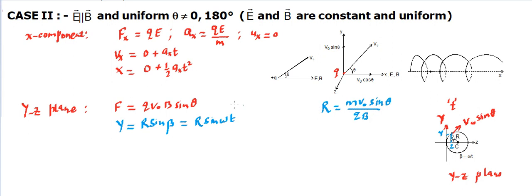Once we know the radius, we can find the y coordinate at any instant of time. Similarly, the z coordinate is r minus r cos beta, so it's r(1 minus cos beta), and again beta is omega t, so r(1 minus cos omega t).